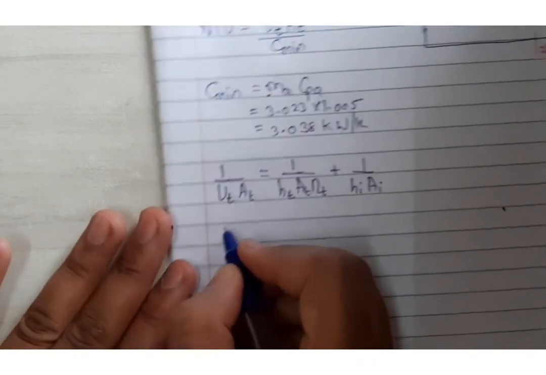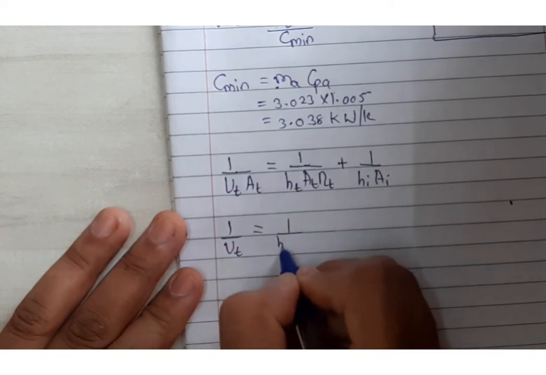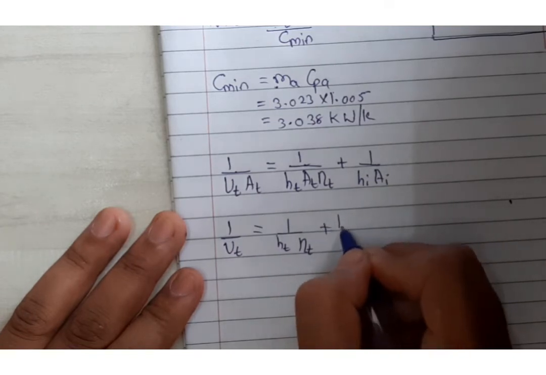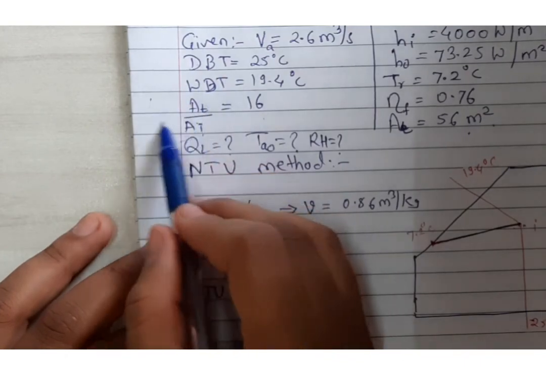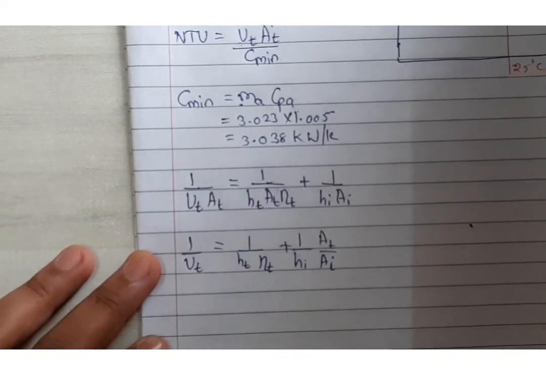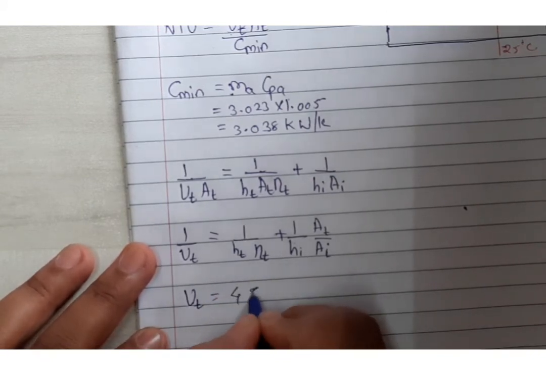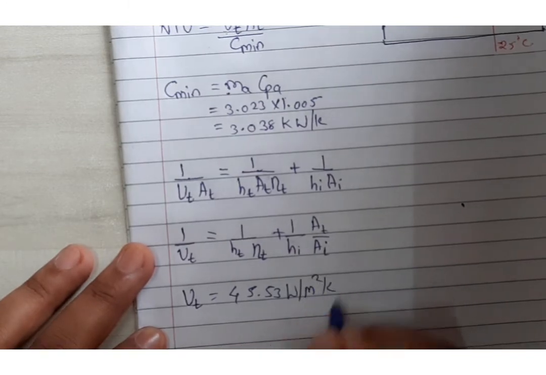Now we can rearrange the equation and we will get 1 by UT is equal to 1 upon HT eta T plus 1 upon HI into AT by AI. Now AT by AI is also given to us in the numerical as 16. So we can put that value over here. HT is known to us, HI is known to us, and eta T is also known to us. So we can find UT by using all these values as 45.53 watt per meter square Kelvin.